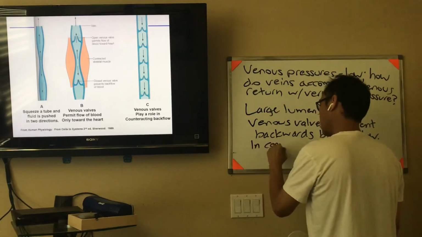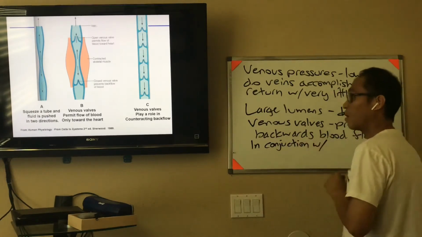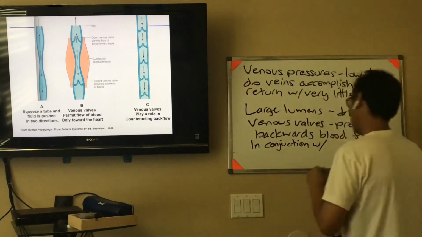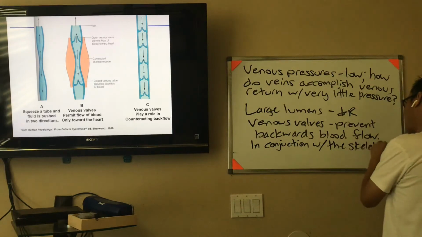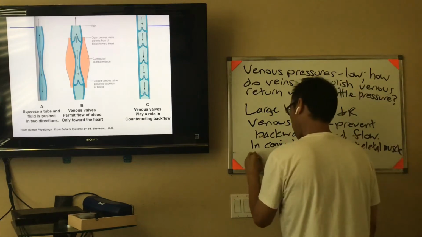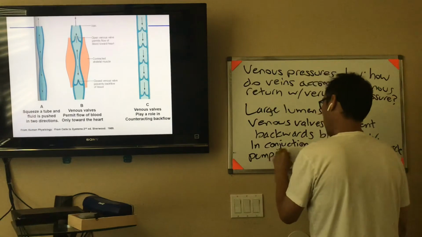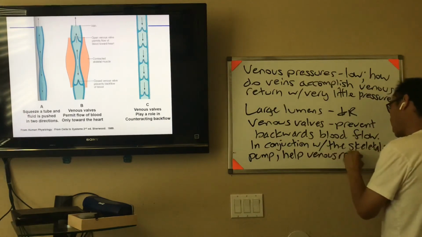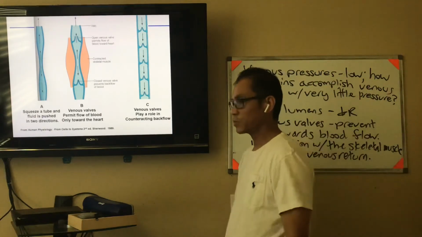In conjunction with what we call the skeletal muscle pump, because these are your skeletal muscles, not your heart muscle, you help venous return. So instead of the heart being the pump, it's the skeletal muscles which are the pump.